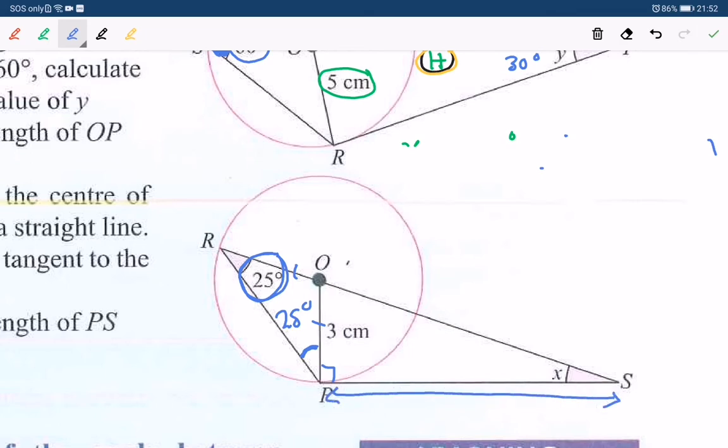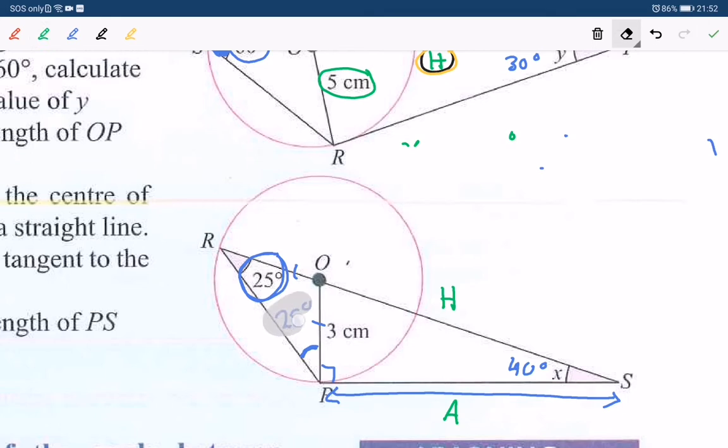We already know the angle x is 40 degrees. Now we can use SOH CAH TOA. First, we need to identify the positions. Which one is the hypotenuse? Here is the hypotenuse. Here is the, oh no, this one is the adjacent, and here is the opposite.